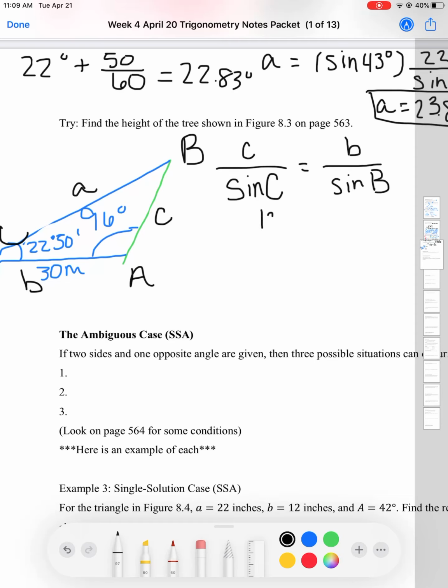Why didn't anyone say anything? Oh, yeah. So 180 minus 96 plus 22.83 degrees. So we get that angle B is about 61.17 degrees.